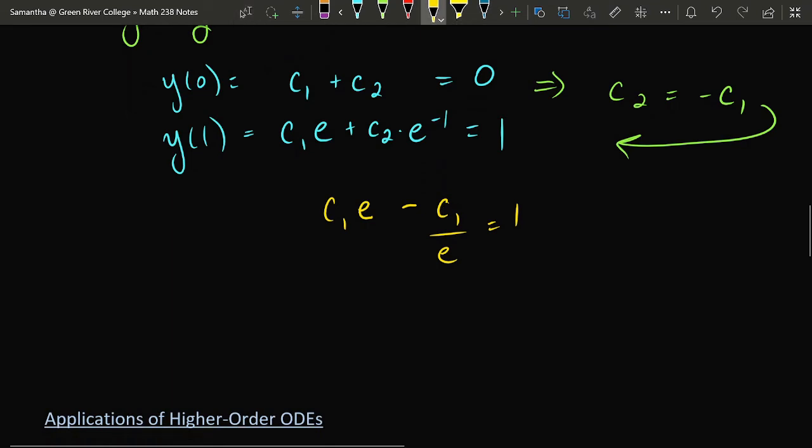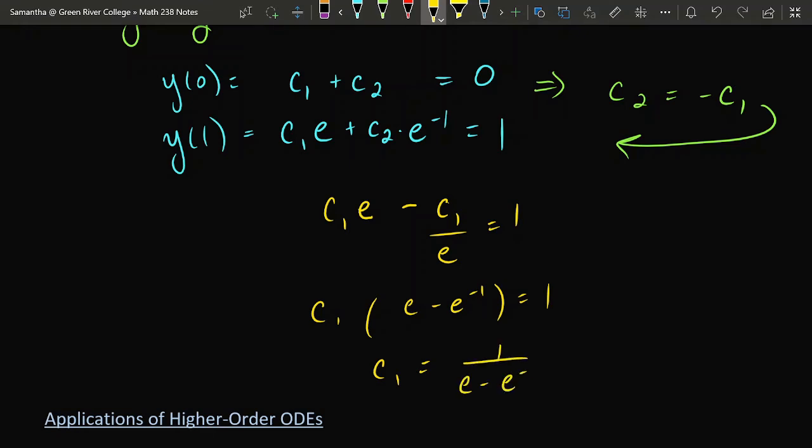So now I can factor C1 out of the two terms on the left side, which tells me that C1 is equal to 1 divided by e minus e to the negative 1. And then if I remind myself that C2 is the opposite of C1, then that implies that C2 is negative 1 divided by e minus e to the negative 1.